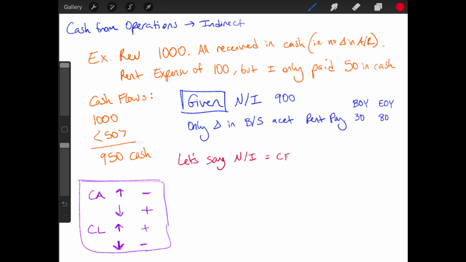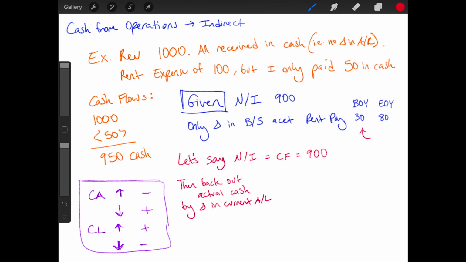So again, under the indirect method, we're saying that net income equals cash flows, even though we know that's not true. In this case, our net income, our starting point, is 900. And then we're going to go ahead and back out our actual cash by accounting for those changes in our current asset or liability accounts.